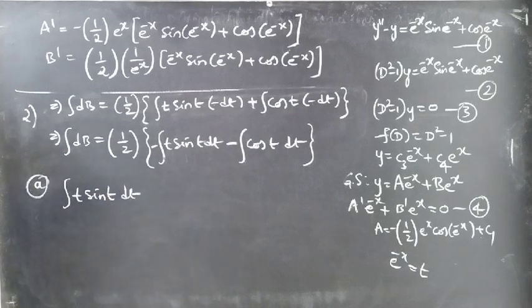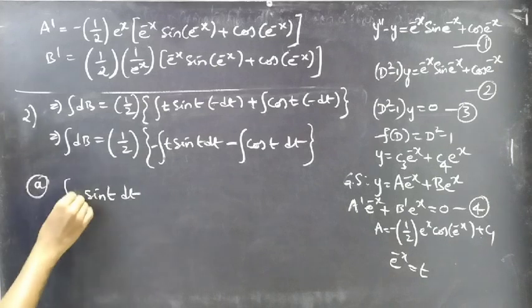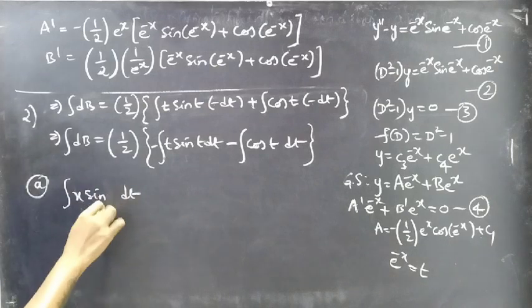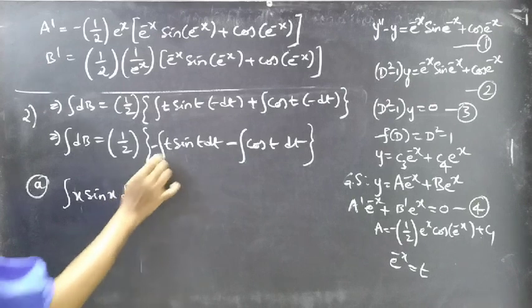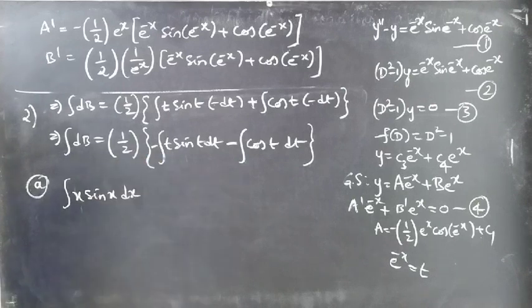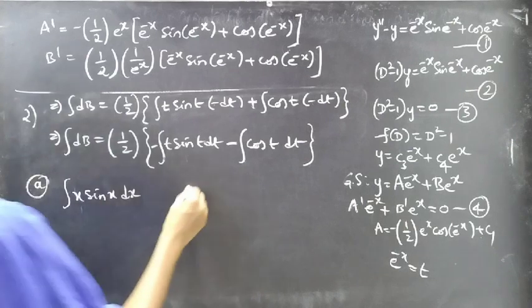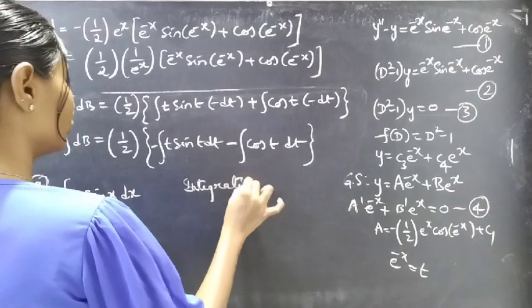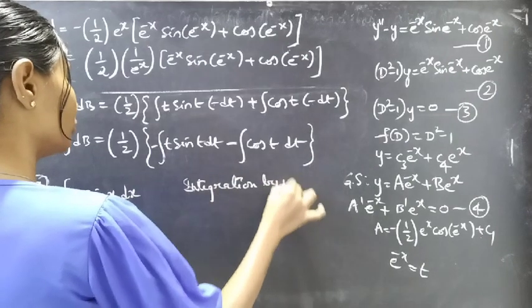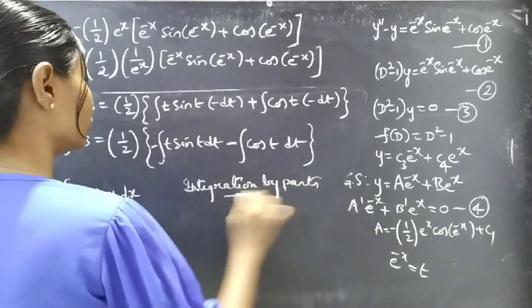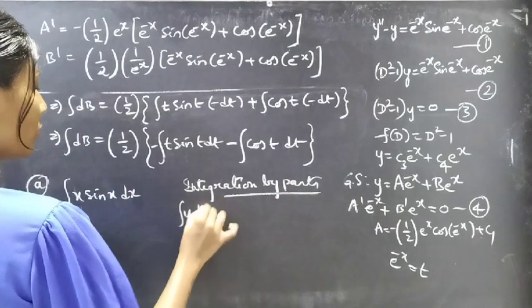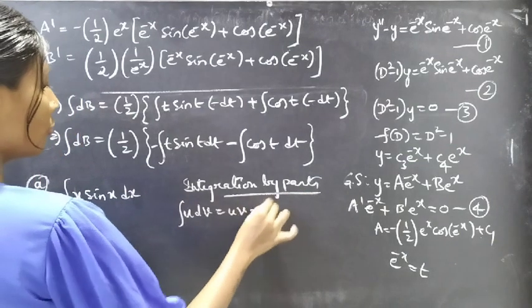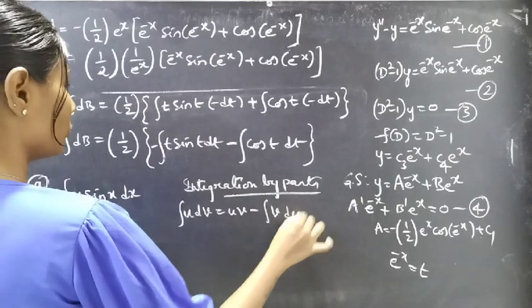Okay, instead of taking t as variable, I'll take x for my convenience. So I'll find integral x sine x dx, right? Fine. Here we are going to apply integration by parts formula, integral u dv equal to uv minus integral v du.